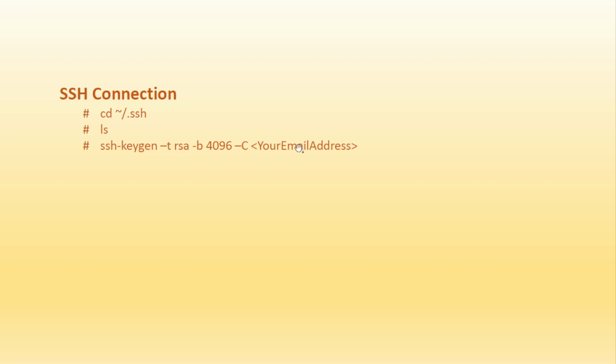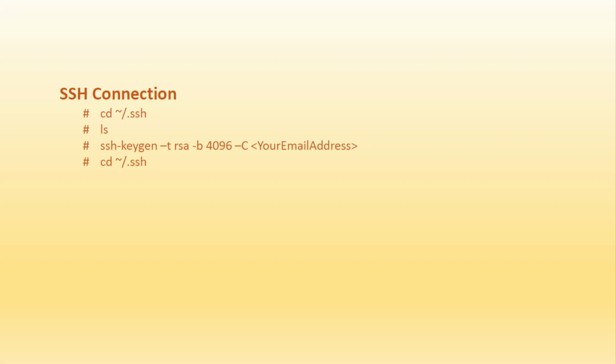And at the end, you would require to give your email address. So just make a note of this command. This is a one-time activity that you require to do. Run this: ssh-keygen -t rsa -b 4096 -C and then your email address.